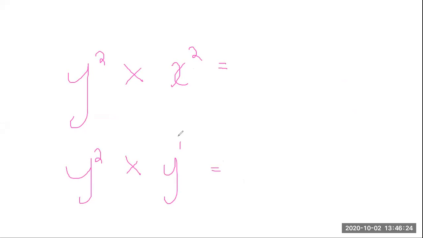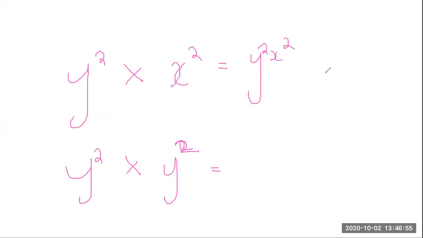So if I say y squared times x squared, and if we say y squared times y to the 1, could you give me, let's say squared here too. What would be the answer for both of these? Yes, that's correct. This one would be y squared x squared.